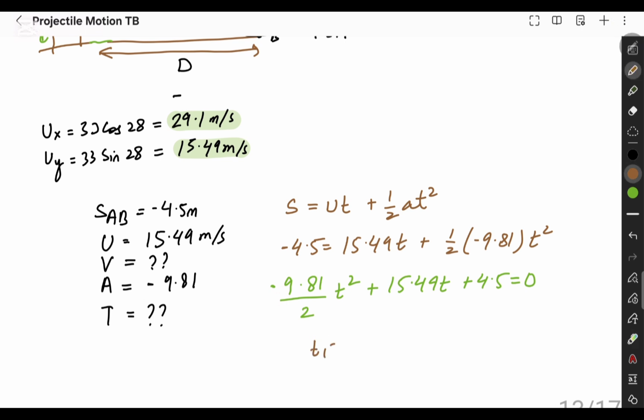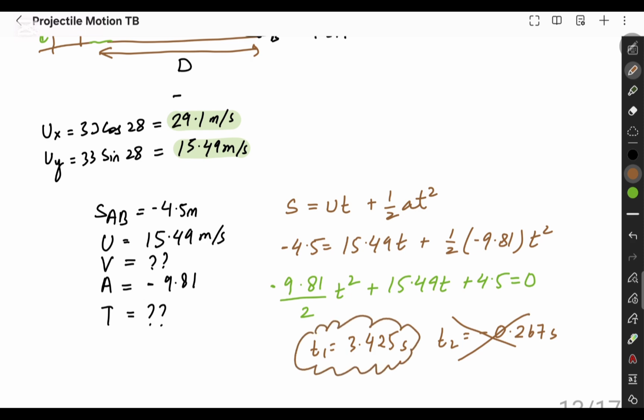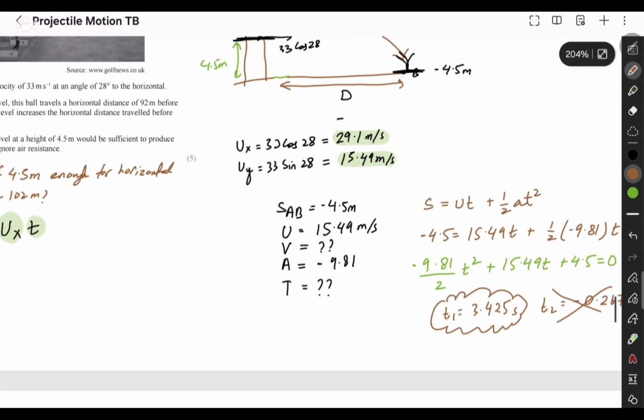So T1 is equal to 3.425 and T2 is equal to minus 0.267 seconds. Time cannot be negative, so this is wrong and this is going to be my answer. Okay. So that's going to be my time.